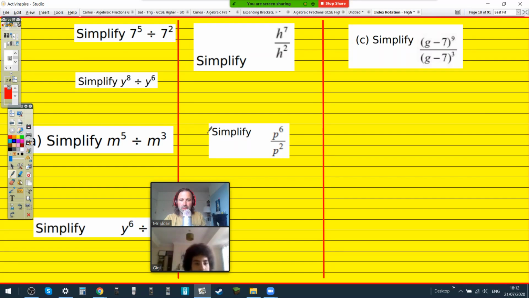Let us see. What is top middle? H to the power of 6. 5. Yep. And let's have a go at top right.